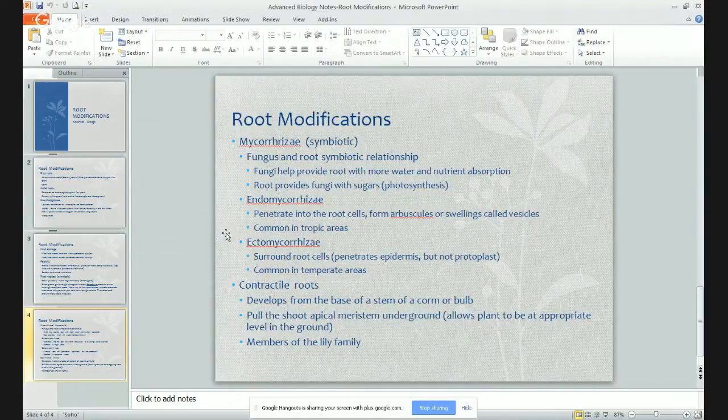So these particular versions are going to be really common in temperate areas. This relationship is common in pine or oak trees.